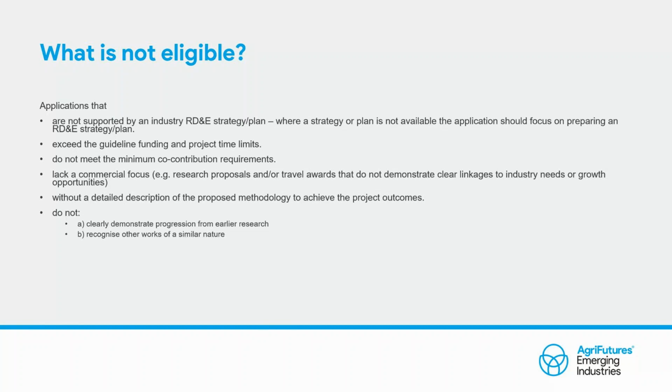One thing that we also have observed in previous rounds is quite often, even though you are emerging industries, there has been a lot of work done in the past, either scoping studies or assessments or prioritisation of particular efforts. And what we ask is that you clearly demonstrate in your application that you've actually considered that.